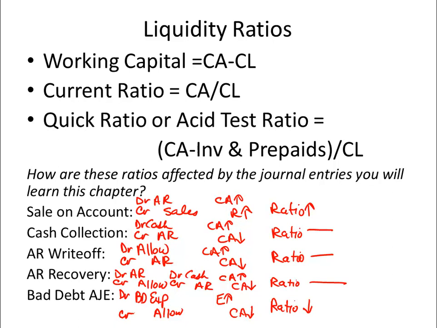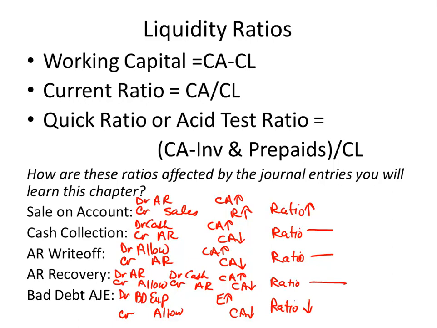For cash collections, for accounts receivable write-offs and accounts receivable recoveries, the liquidity ratios do not change because current assets go up and they're mirrored by other current assets going down. So remember this, cash collections, accounts receivable write-offs, and accounts receivable recoveries do not impact the liquidity ratios.